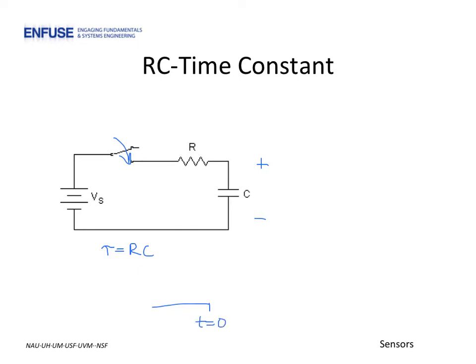The voltage will increase at an exponential rate given by V sub s times 1 minus e to the minus t over tau. So after time tau after closing the switch, this voltage here will be approximately 63% of V sub s. And likewise, after reaching steady state, where the voltage across the capacitor is V sub s, you open the switch, the voltage would decay.